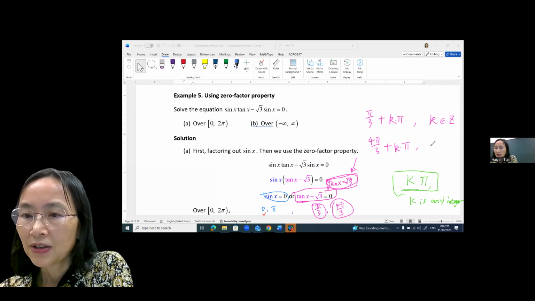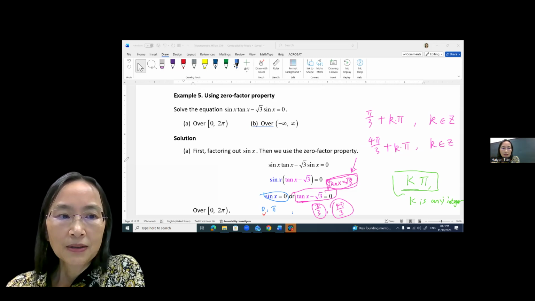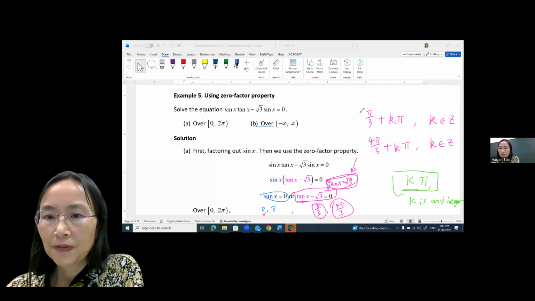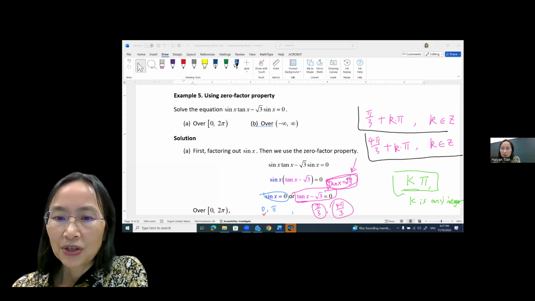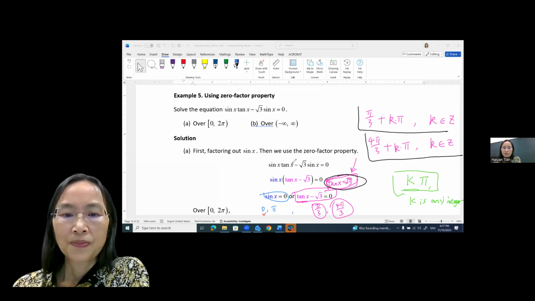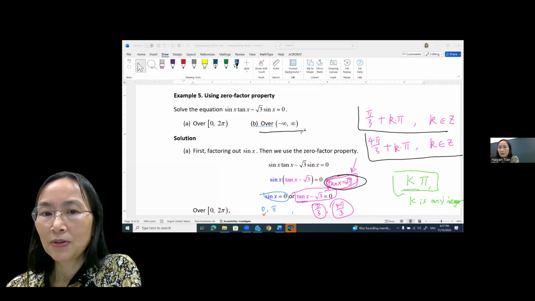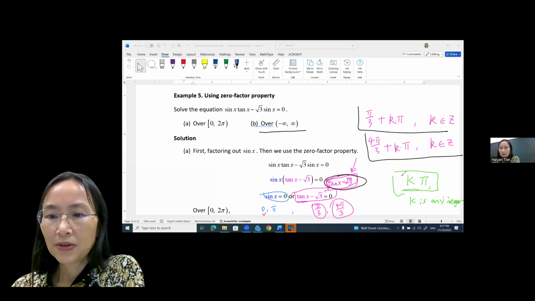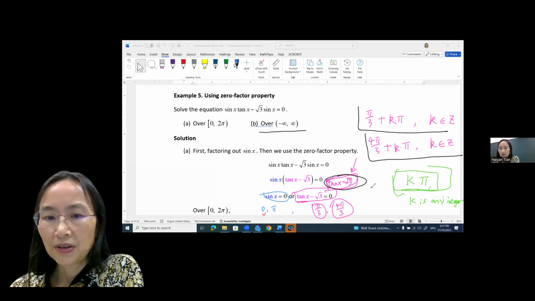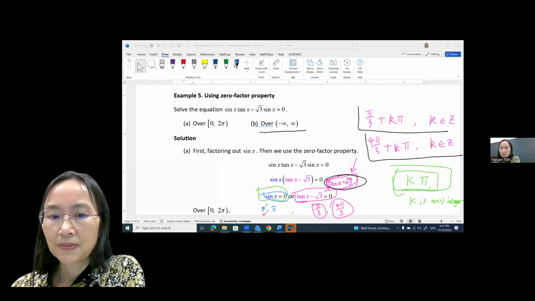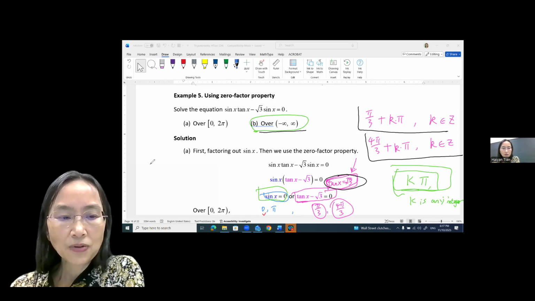So k can be any integer, and all these are solutions of this problem over the interval from negative infinity to positive infinity. And also this part will be solutions for sine x equals 0 over this interval. So together, how many solutions?